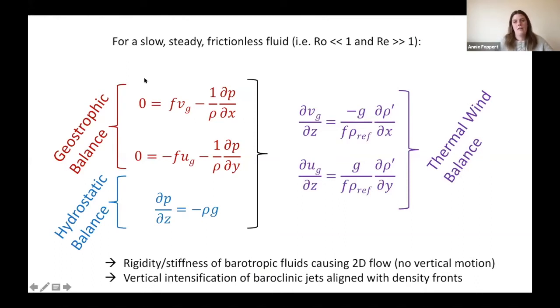And then combined with hydrostatic, you get thermal wind, which creates this vertical intensification of baroclinic jets aligned with density fronts. And these are very important for large scale fluid dynamics on a rotating sphere.